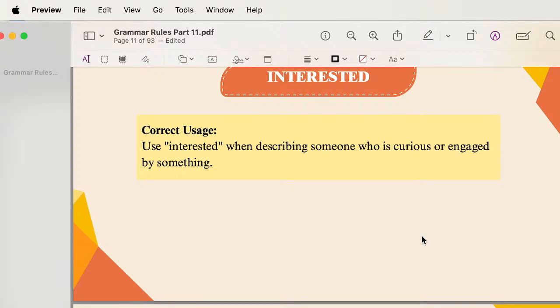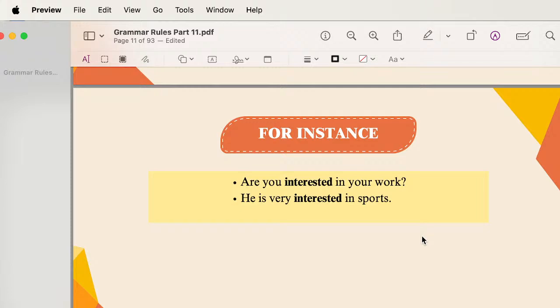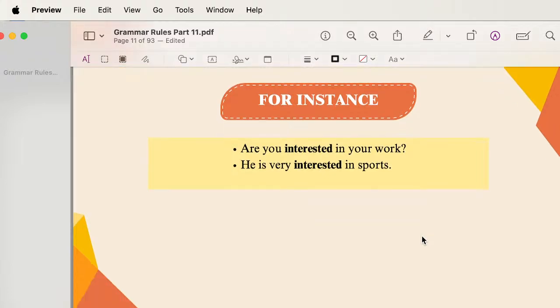That's quite intriguing. The book was very intriguing. That means the book was very fascinating, very interesting. So instead of interesting or fascinating, I am using the word intriguing. Alright? Okay. For instance, are you interested in your work? He is very interested in sports.